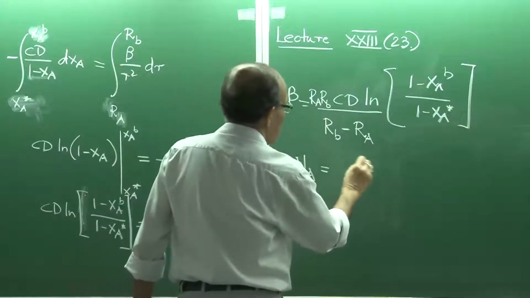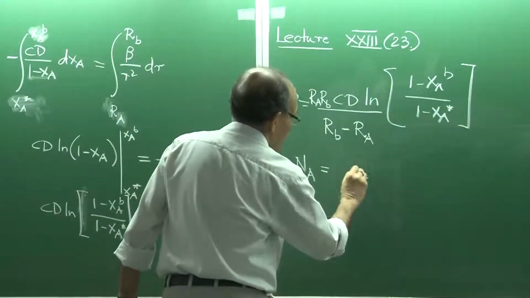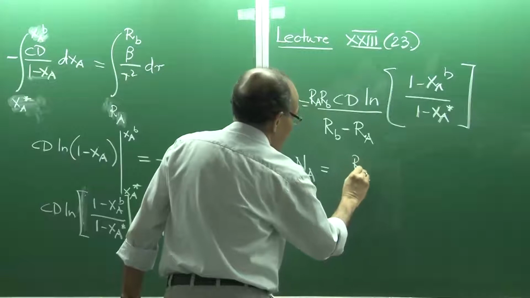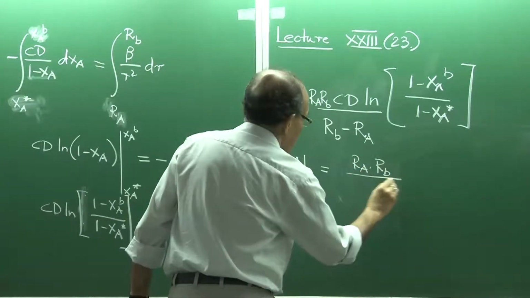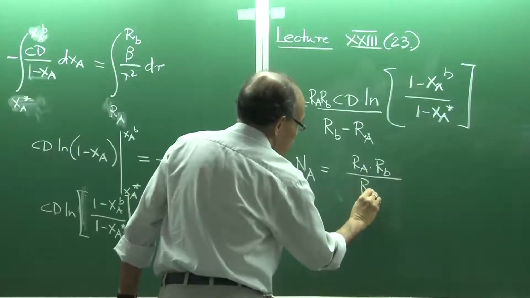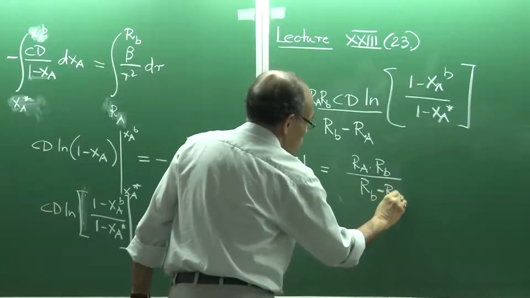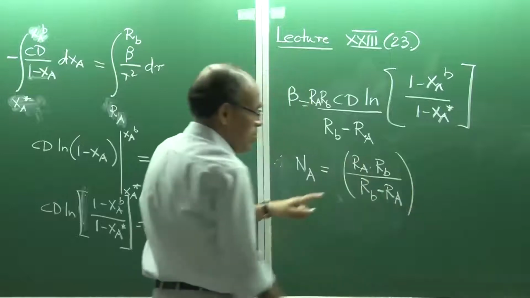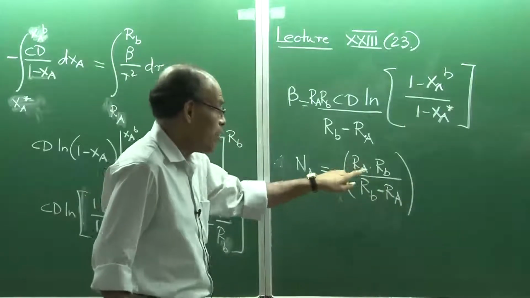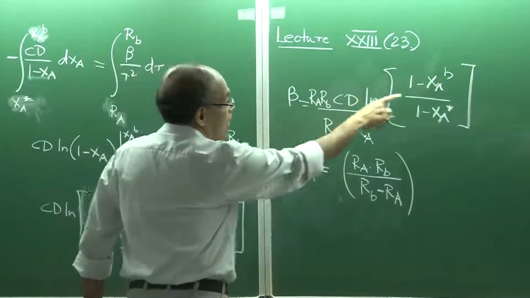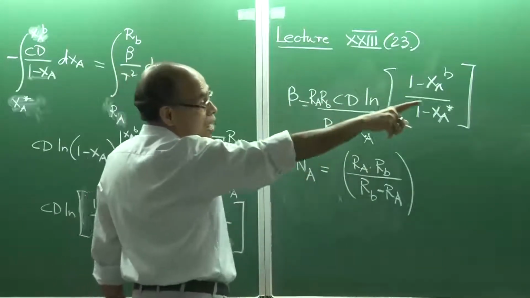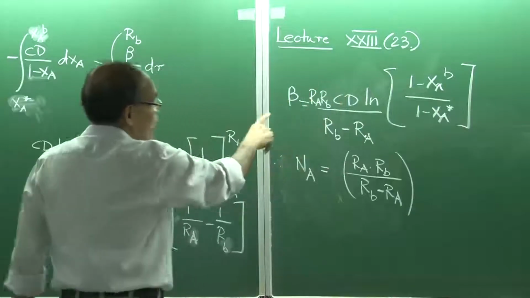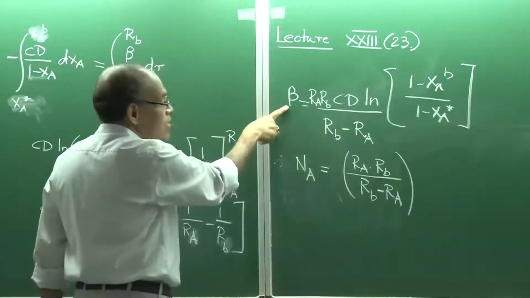So we will say this is C D R_A by R_B, into, these are all constants, mind that. These values are not variable values, these are all constant. Everything appearing here is constant. C is constant, D is constant, because beta we have derived it, that r square into N_A is equal to constant, and that constant is equal to beta.